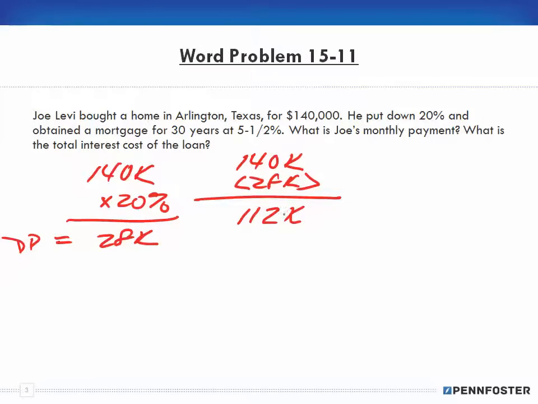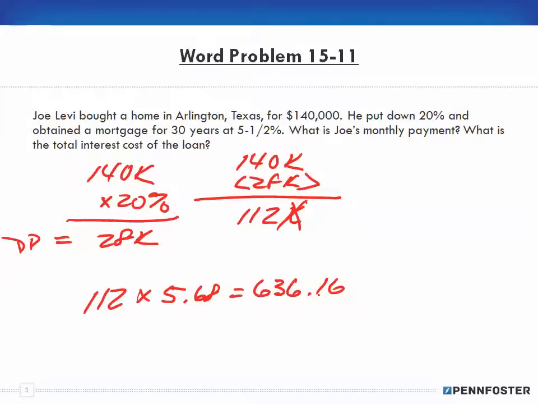Okay, and of course, out of the 112,000, I can divide that by 1,000, or just drop off the thousands here and start out with the 112. And then I have to find the factor on the table. So I'm looking at the amortization table, and I'm looking for 30 years at 5.5%, and I end up with the factor of 5.68, which makes my monthly payment $636.16.